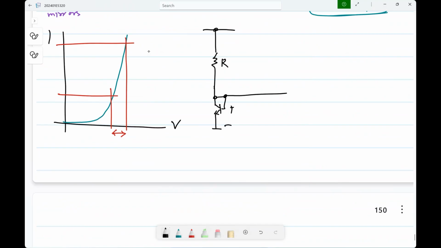Because the resistance can vary, and the transistor characteristics vary. Current.